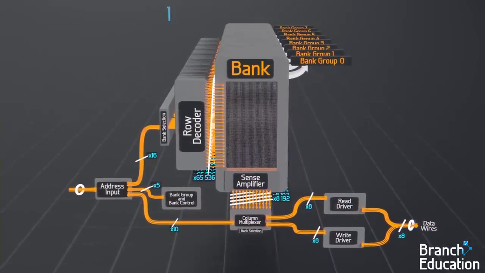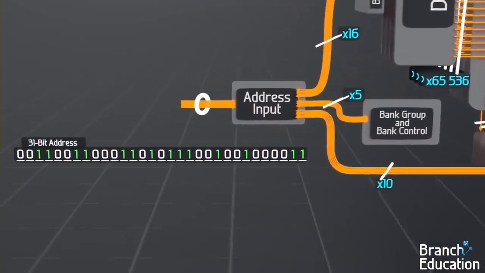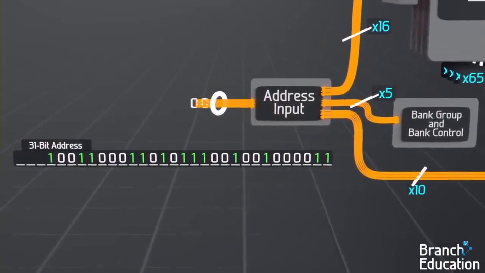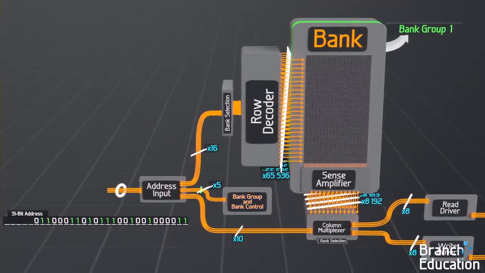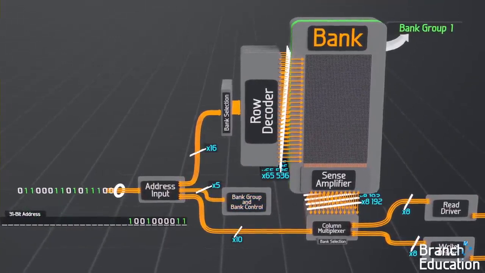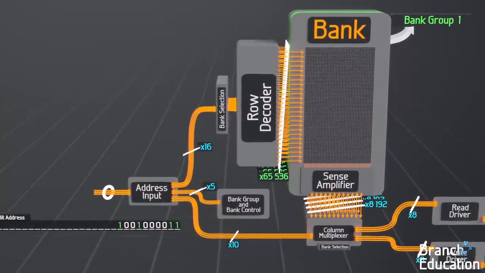In order to access 17 billion memory cells, we need a 31-bit address. 3 bits are used to select the appropriate bank group, then 2 bits to select the bank. Next, 16 bits of the address are used to determine the exact row out of 65,000.